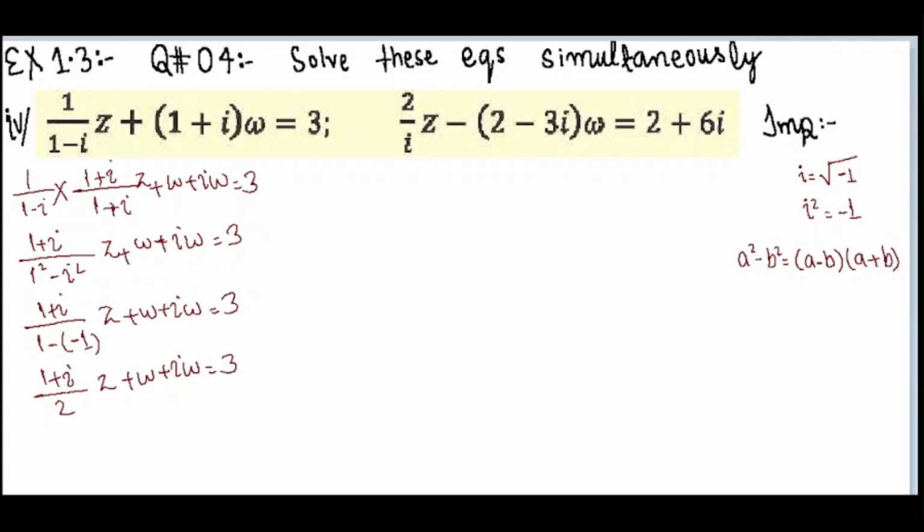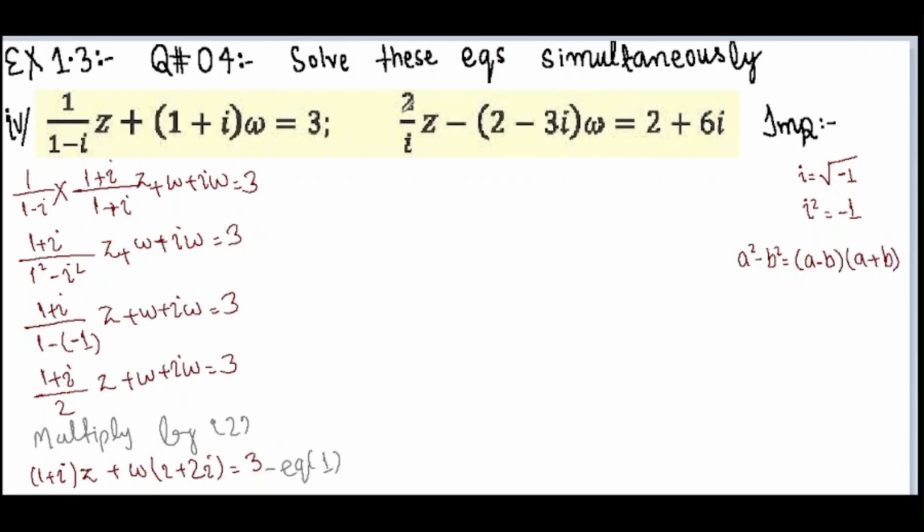Now we are going to multiply it by 2. By multiplying this equation by 2, we get (1 plus iota) into z plus w into (2 plus 2 iota) equals 3. This is your equation number 1.